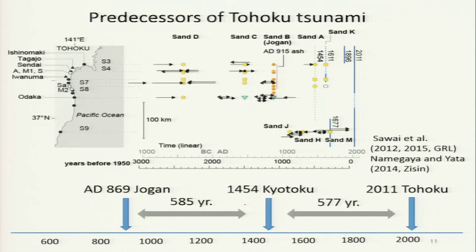So based on the signatures, what one can see is that the recurrence interval is almost 580 years between such events.